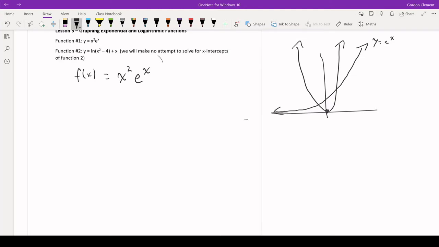So instead, we're just going to plug in a really small, very negative number, like f at negative 1,000, let's say, and we'll see what's going on. So we have negative 1,000 squared times e to the negative 1,000. Negative 1,000 squared is a big number, e to the negative 1,000 is a very small number.